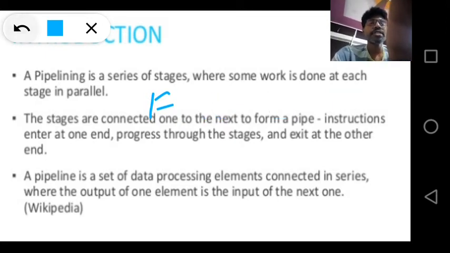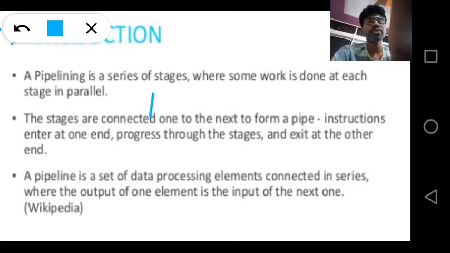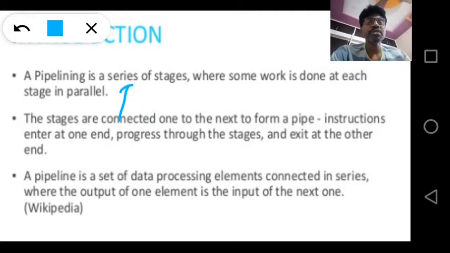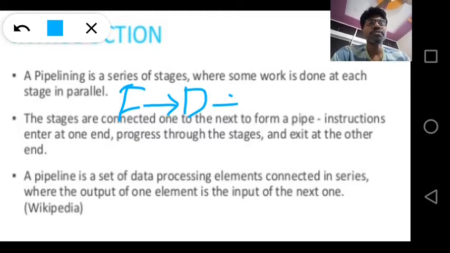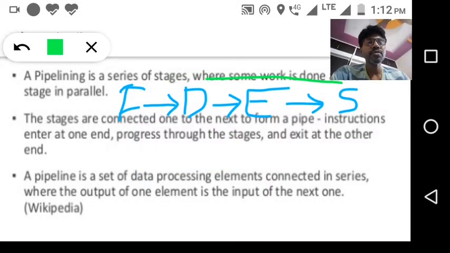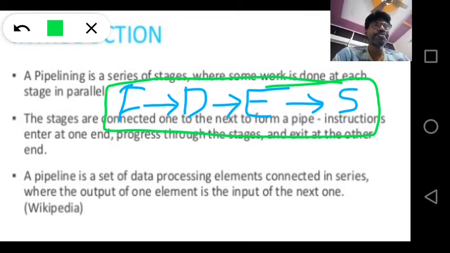And these stages are connected one to the next to form a pipe. For that reason it has been given the name pipe, because the output of fetch is sent to decode, the output of decode is sent to execute, and the output of execute is sent to store.